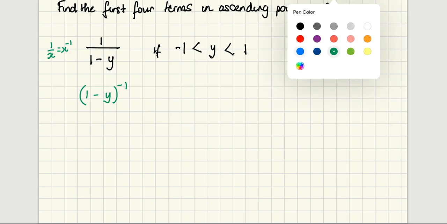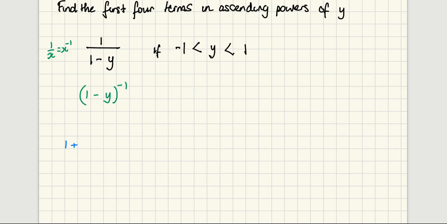So let's have a look how it goes. What's the formula? It's going to be 1 plus nx, which is minus 1x, we'll tidy it up afterwards, plus minus 1 times minus 1 minus 1, which is minus 2, over 2 factorial, x squared.